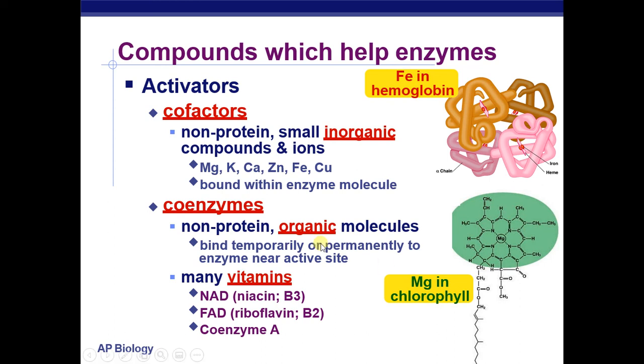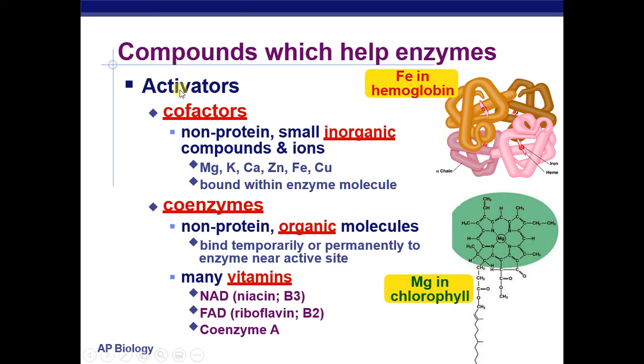So, for example, iron is really important in hemoglobin in your blood cells for it to work. So these cofactors make enzymes work better, and so they're necessary for your body to take in, and for you to have in small amounts in your diet.